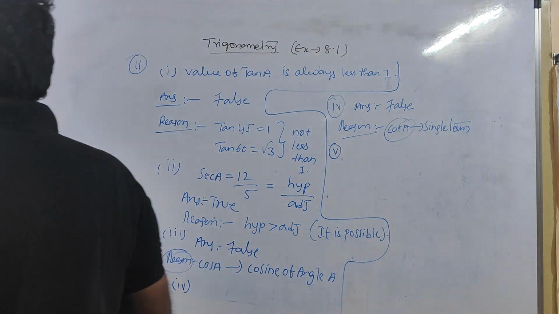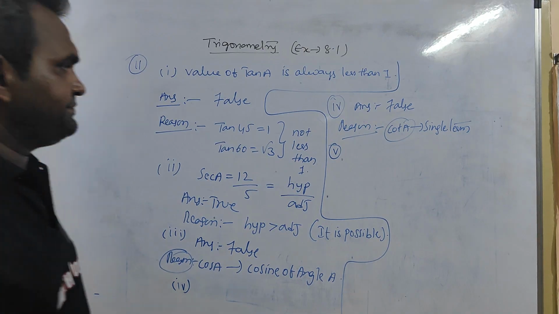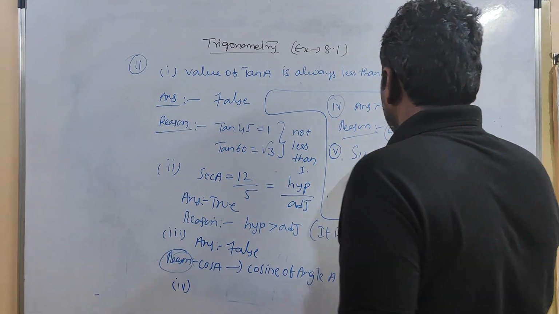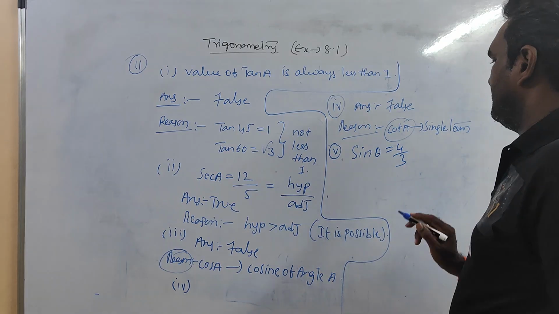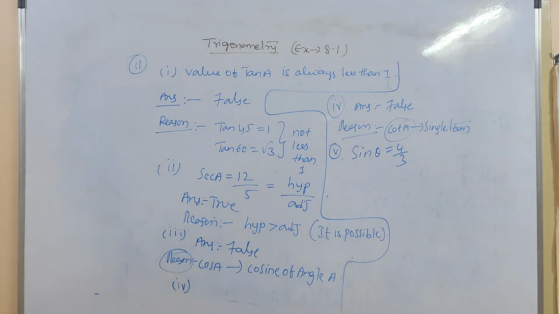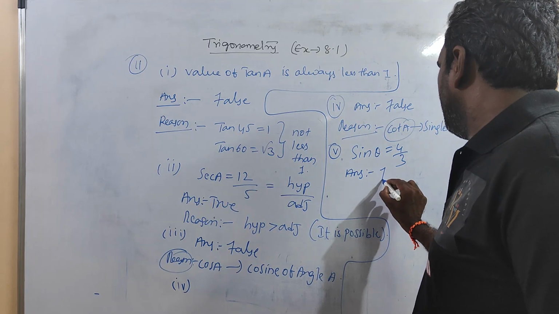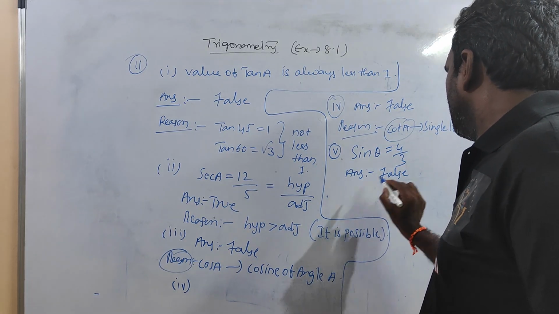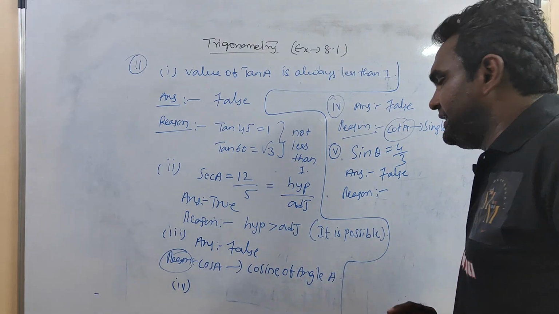And regarding fifth one, sin theta is 4 by 3 for some angle theta, they are telling. Answer is false. Reason, definition for sine is what?